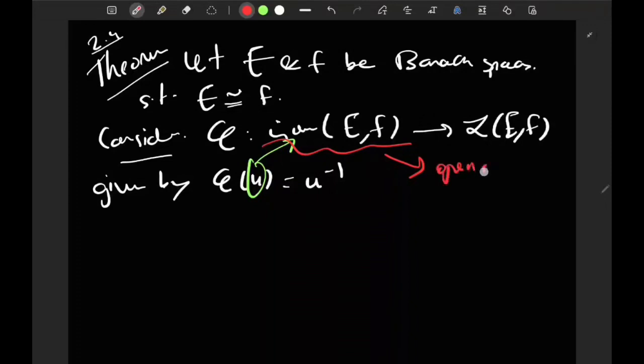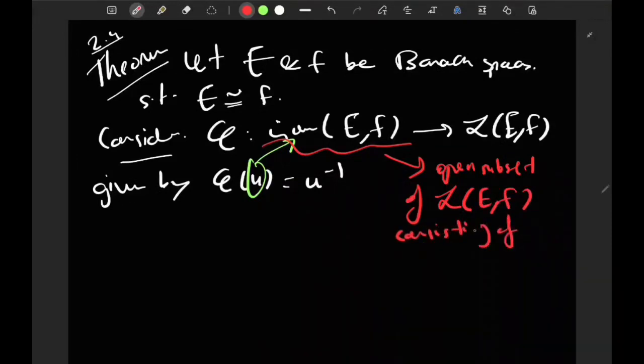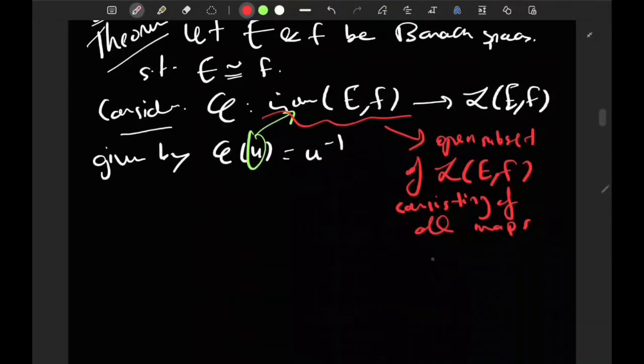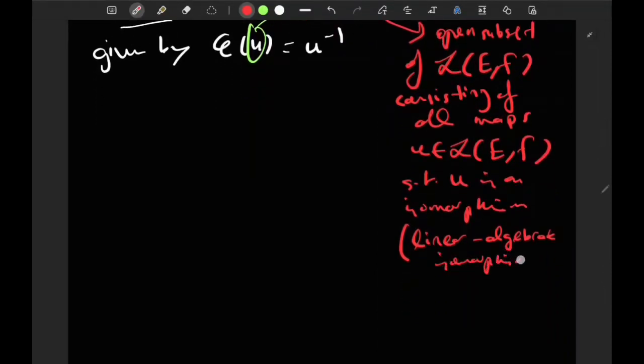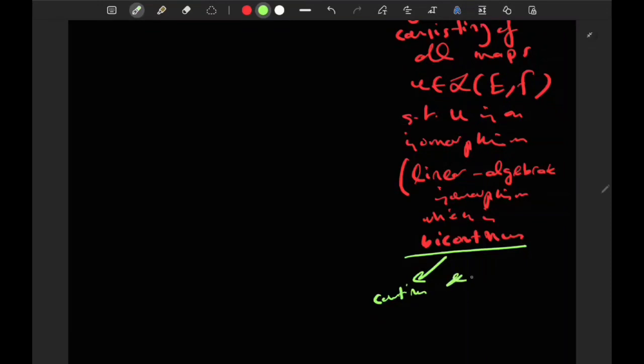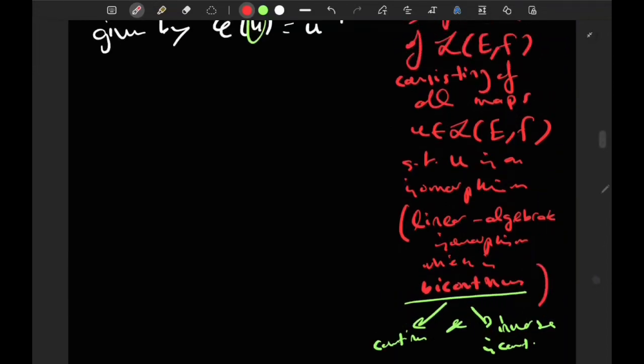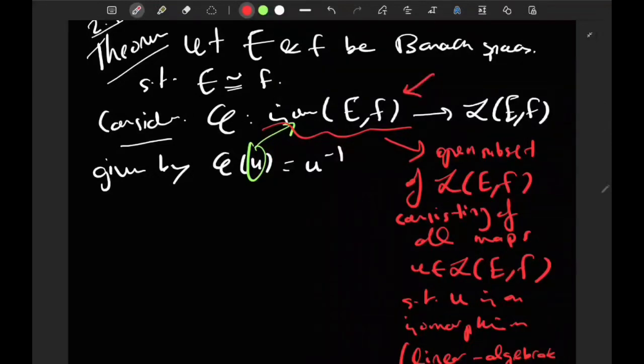The open subset of L of EF consisting of all maps U in L of EF such that U is an isomorphism, okay, in the sense of linear algebra, so a bijective linear map, okay, which is bicontinuous, which means that it's continuous and its inverse is continuous, okay, so that's what a bicontinuous map is.